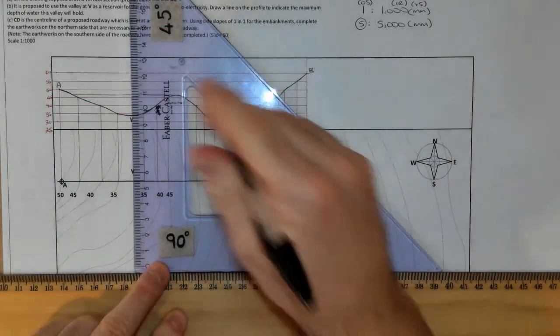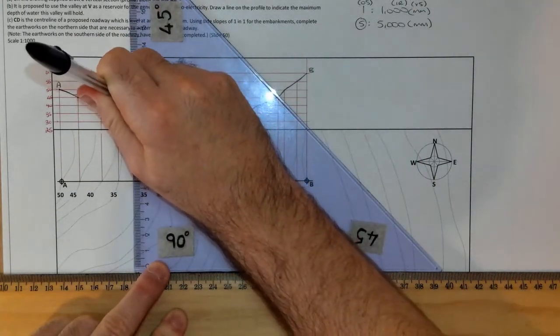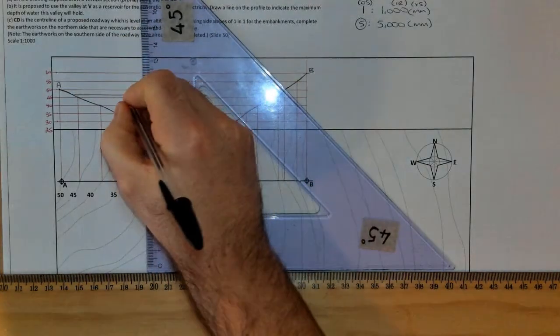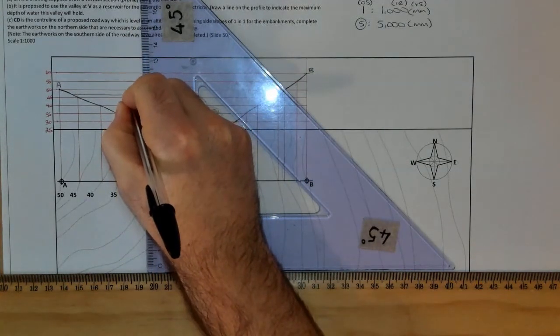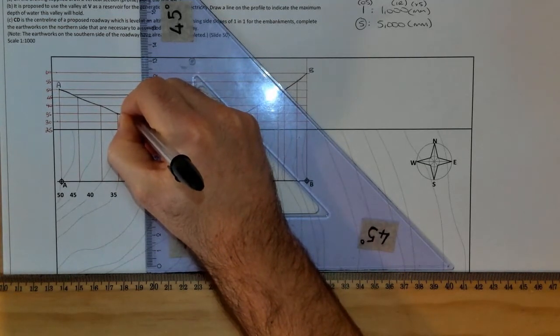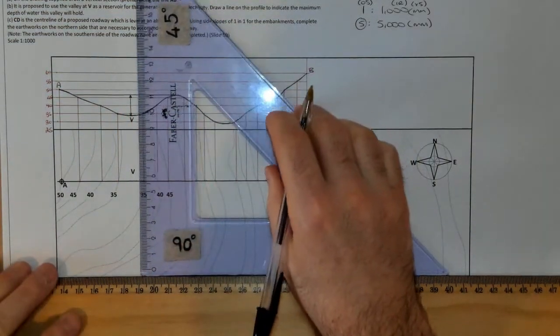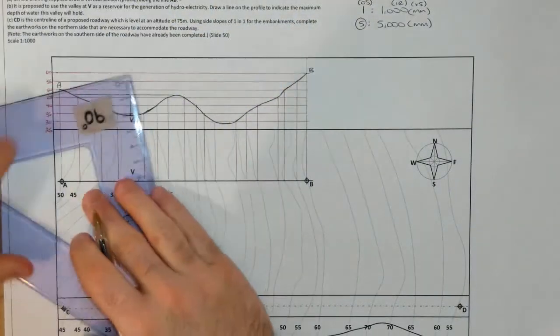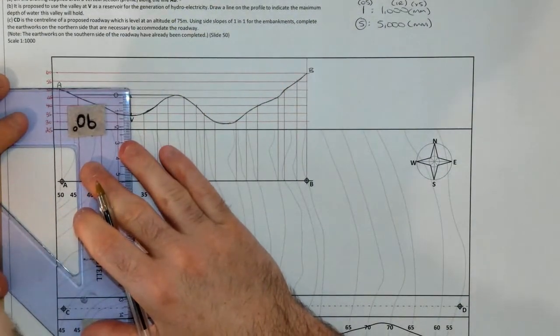And what I'm going to do is I'm going to identify the depth of it. Okay, and remember, 1 millimeter on our sheet equates to 1,000 millimeters in reality. So what I'm going to do now is I'm going to measure that distance then. So, best I can.